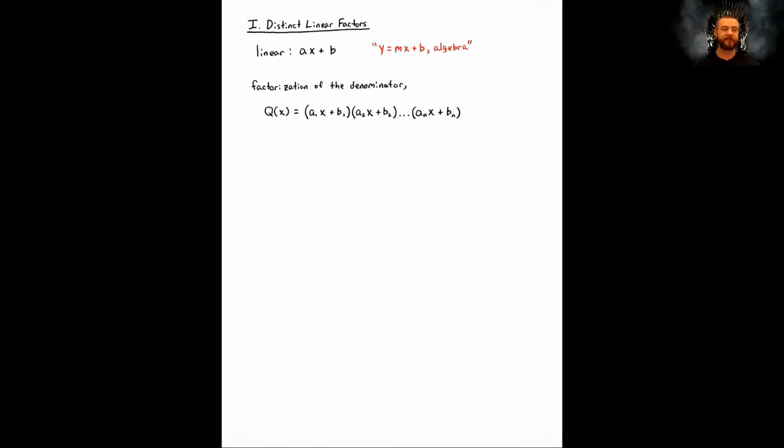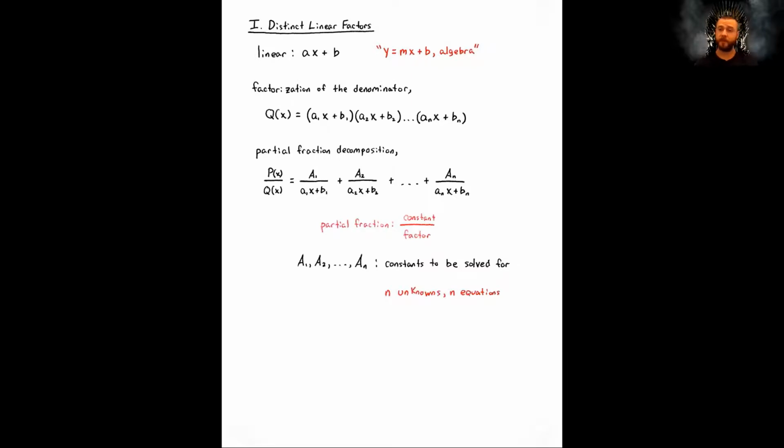Now, each different type of factorization in your denominator dictates a certain form for the partial fraction decomposition. If that's the factorization for our denominator, q of x, written as that product of n different linear factors, then, beyond the scope of our course of understanding why this works, but it works, the partial fraction decomposition for the associated rational function takes the form for each factor in your denominator.